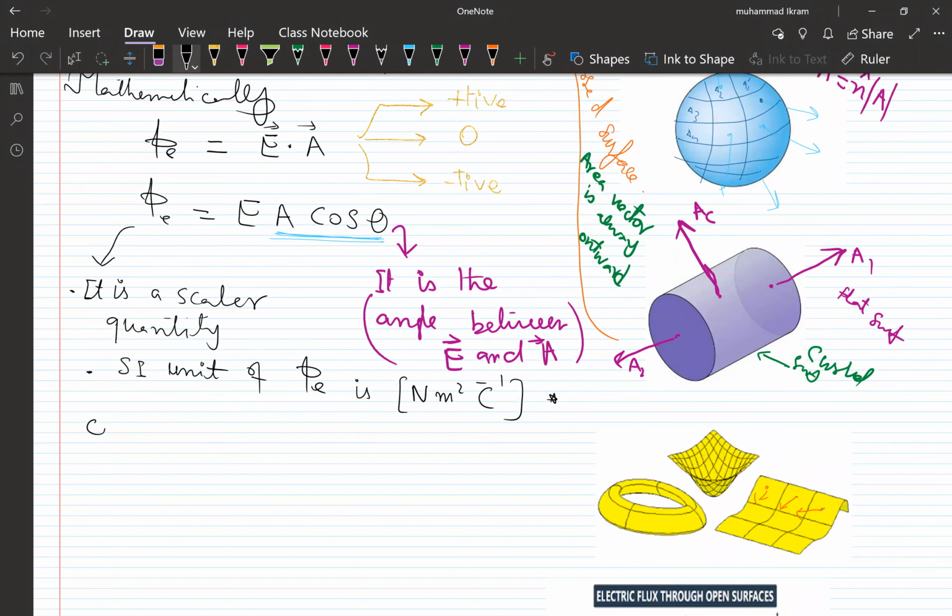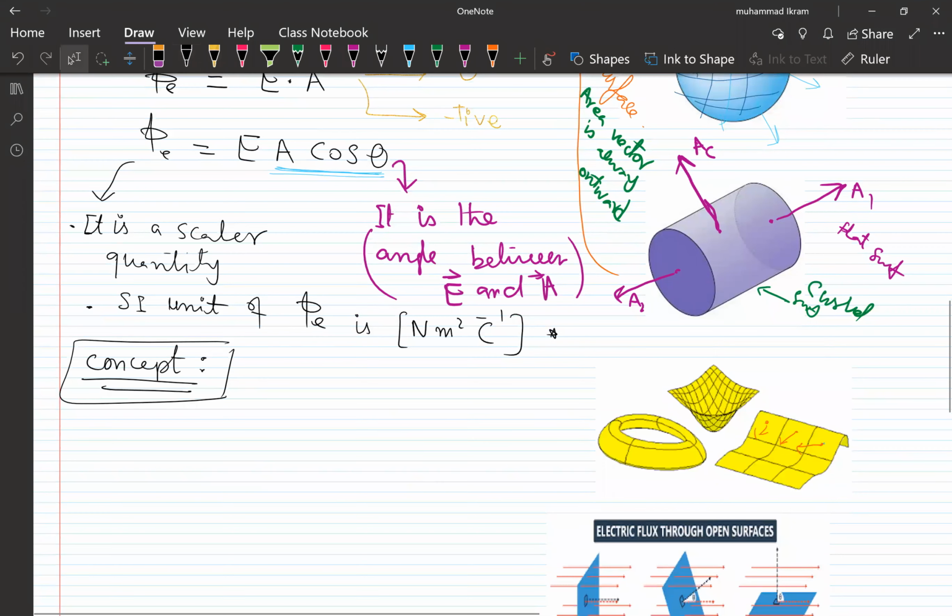Now what is the importance or the concept of the electric flux? You know that I'm always interested in the concept rather than just going mathematical. The concept of the electric flux is extremely important.